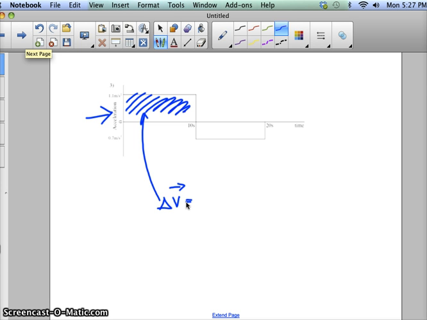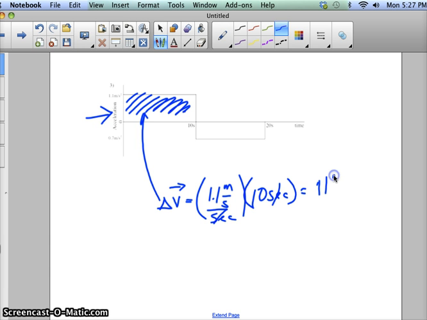And it looks like 1.1 meters per second squared times 10 seconds is going to give me 11 meters per second. So our velocity changed by positive 11 meters per second in the first 10 seconds.